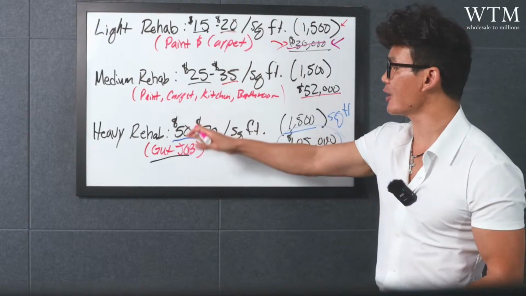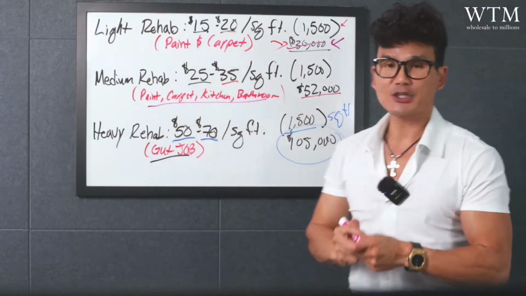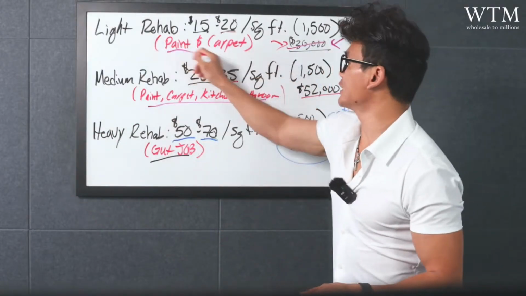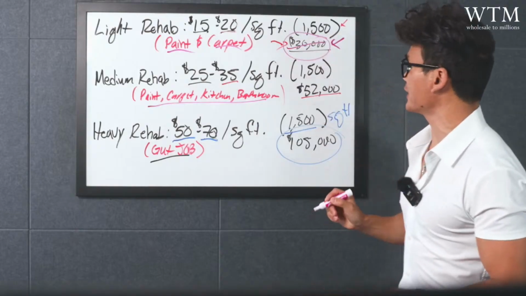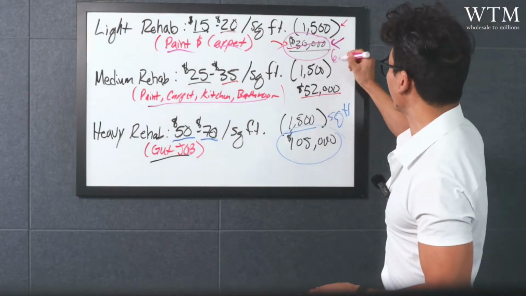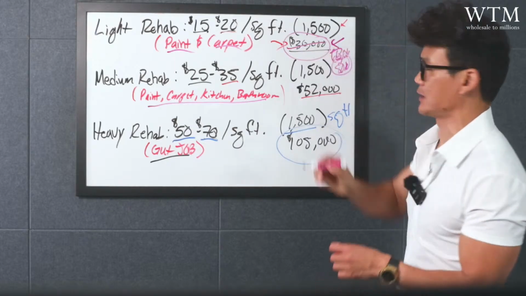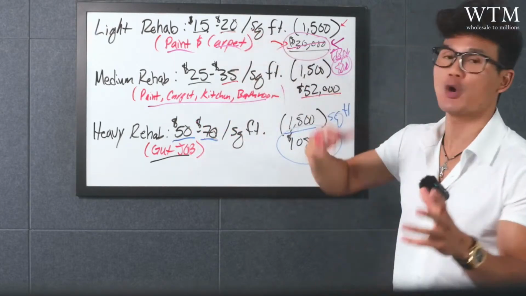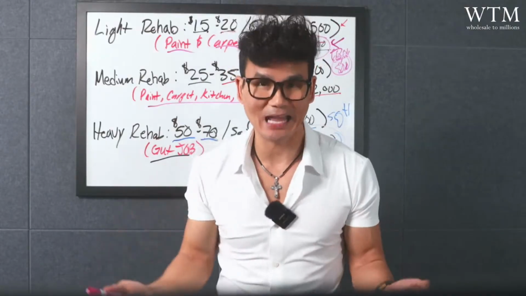And like I said, based on these numbers and the amount of repairs, there shouldn't be a massive difference. Which means if they tell you it only needs paint and carpet, and you go with the formula and estimate it to be $30,000, it cannot come back and be like, oh, it's going to cost $50,000, right? That's a massive difference, okay? But this will give you within that ballpark, I would say plus or minus 5 to 10,000.